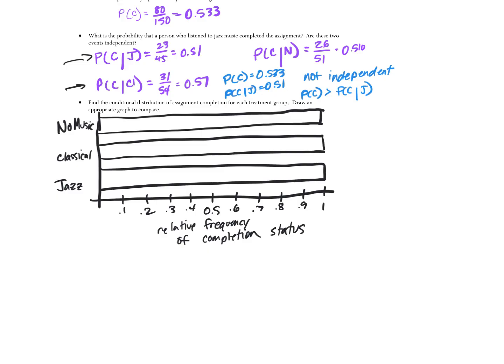A reminder with a segmented bar graph: for instance, for the jazz group, I'm going to draw the segment where I believe 51% is. And then for the classical group, 57.